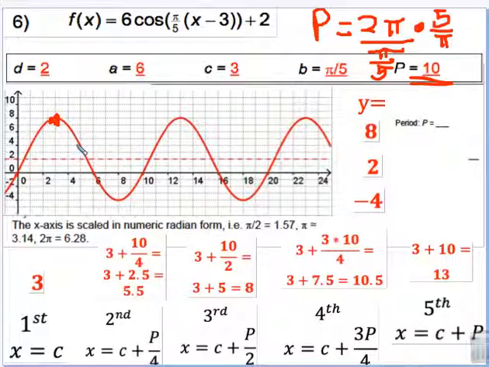So this is our first critical point, second critical point, third critical point, fourth critical point, and then this is the end of the cycle with the 5th critical point. You can look at the math and see how we're finding these values. And again, the pattern is just going to keep on continuing over and over again.